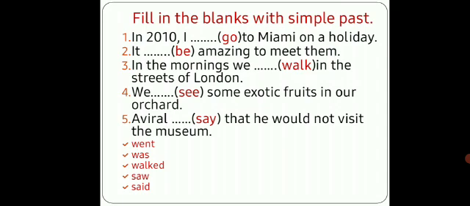Next is Aviral say that he would not visit the museum. So the past form of say is said. Yes, Aviral said that he would not visit the museum. So you can see the list of the verbs: went, was, walked, saw, and said in the simple past form.